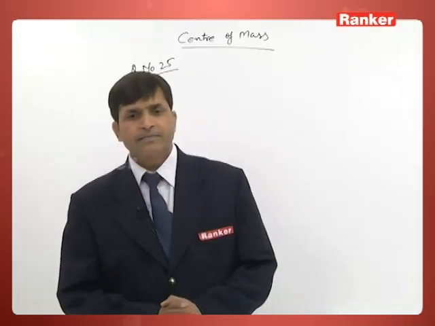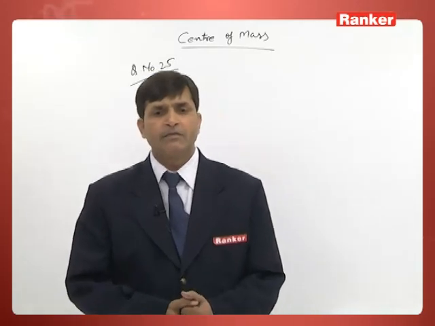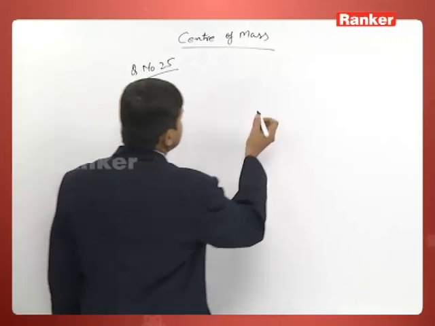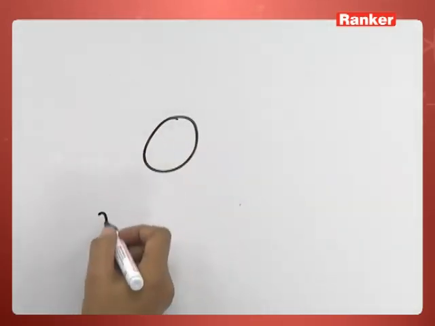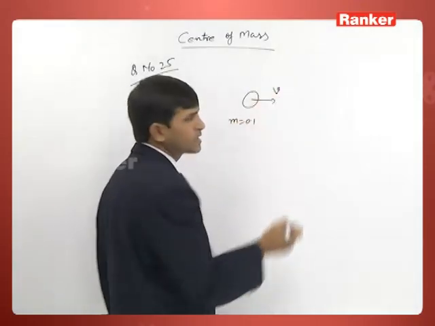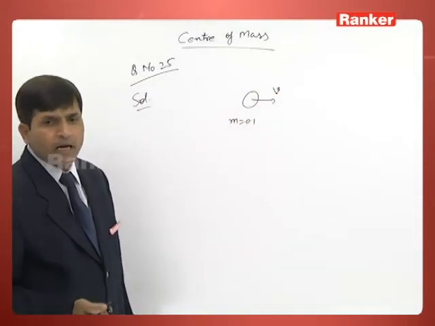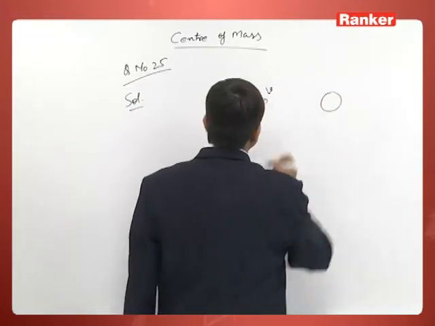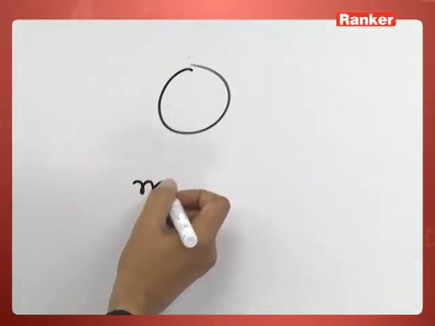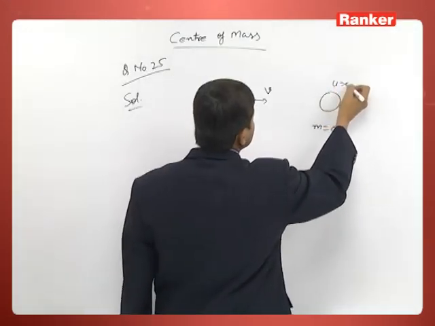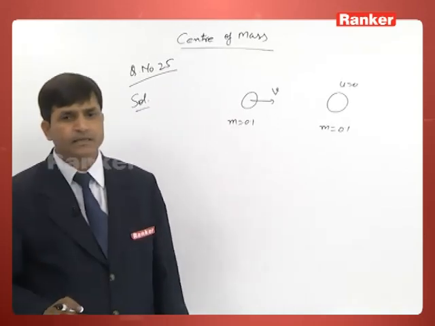So they are asking the minimum and maximum value of v. It is given here that one particle of mass 0.1 kg is moving with velocity v, and it collides with another particle of the same mass 0.1, but initially it is at rest.